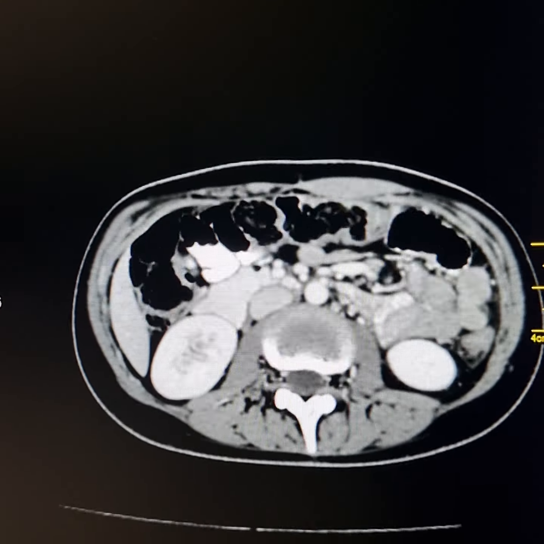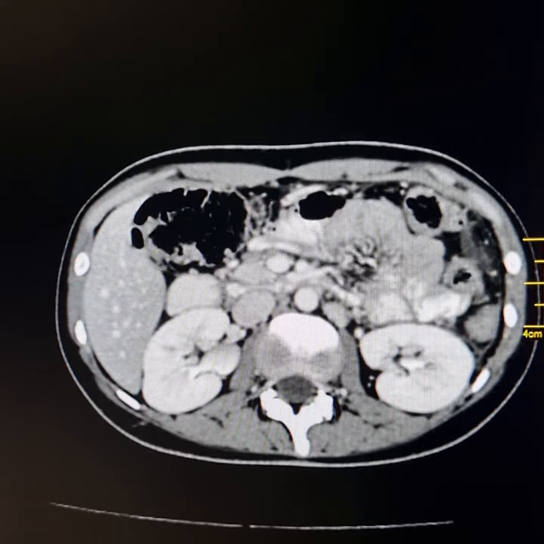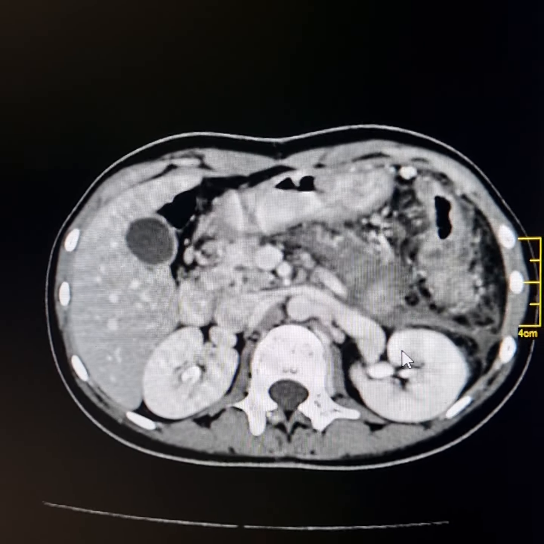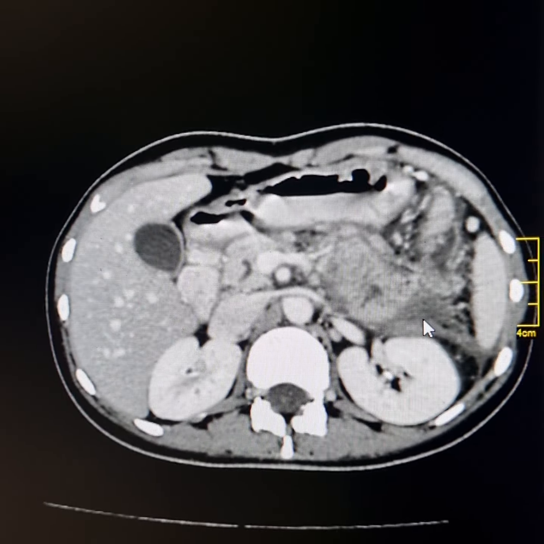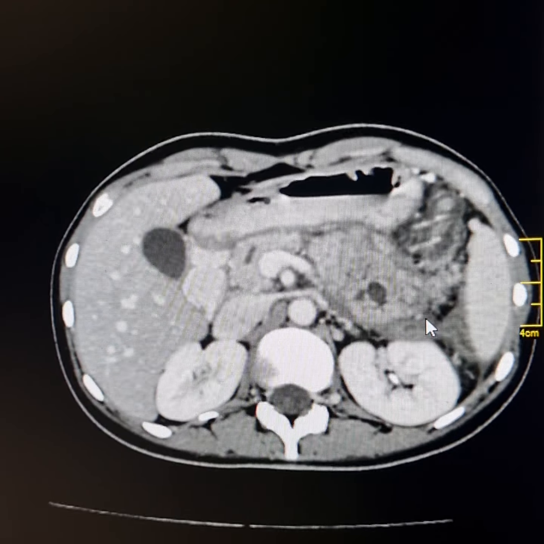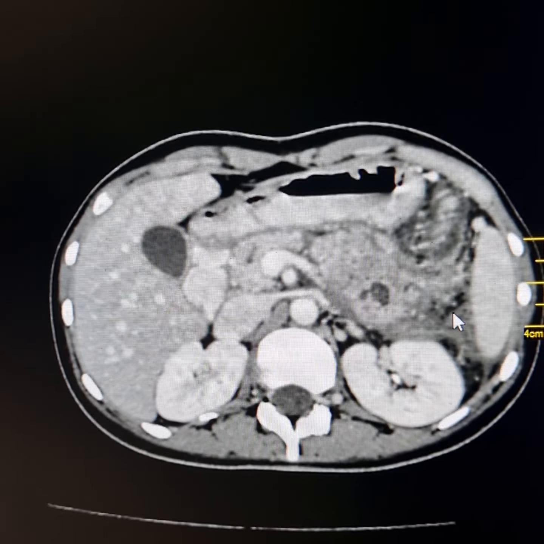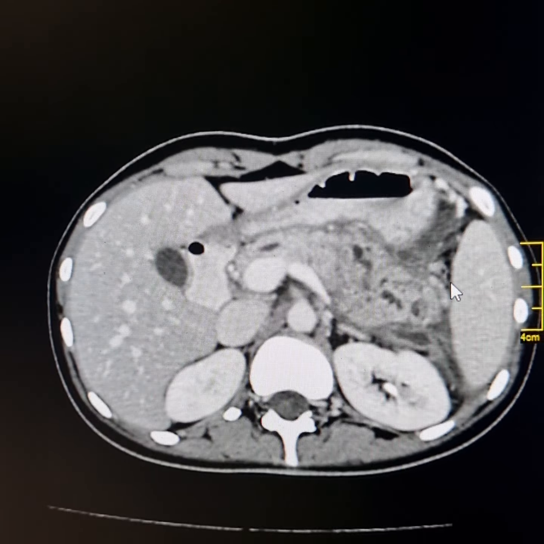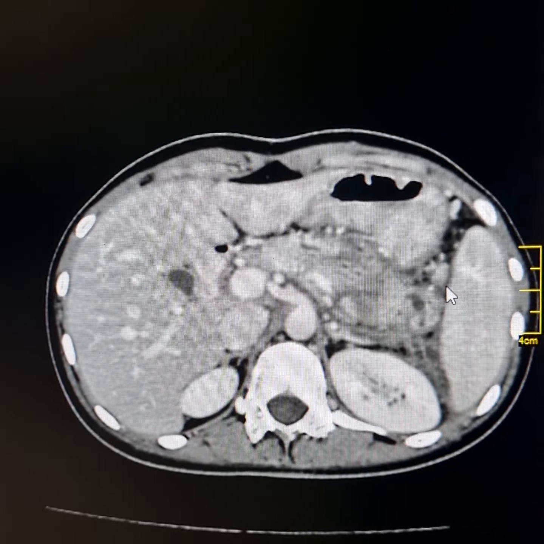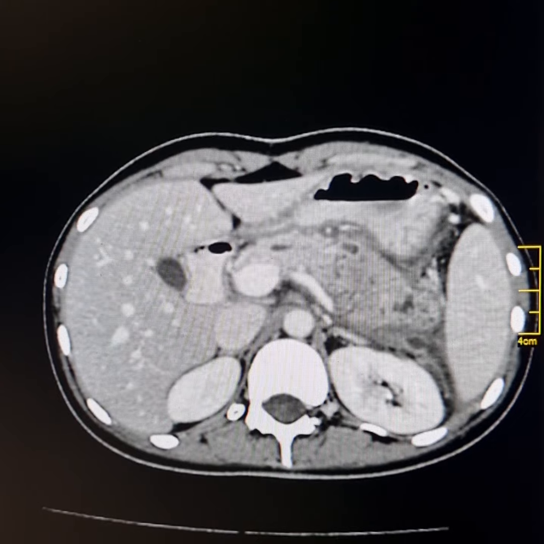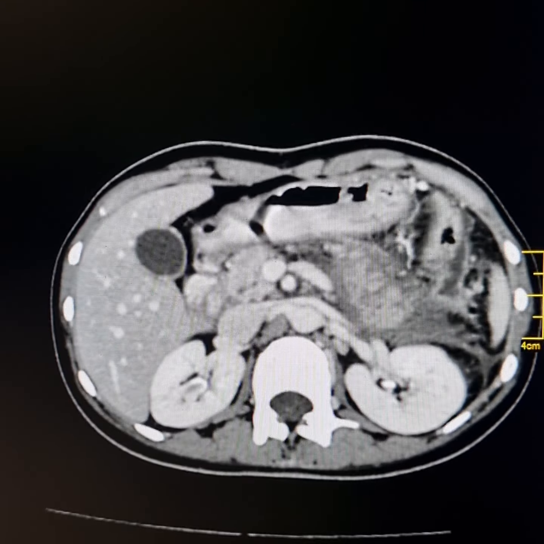I scroll it back up again. Please observe fluid attenuation areas, increased density of fat in the anterior pararenal space, and the waterlogged, edematous splenic flexure of colon.